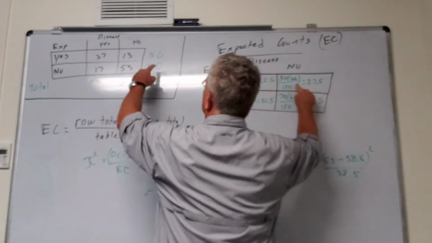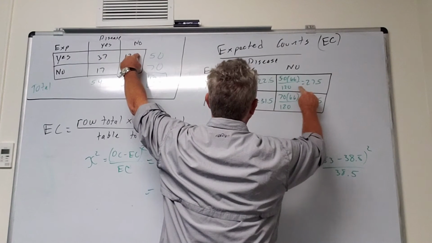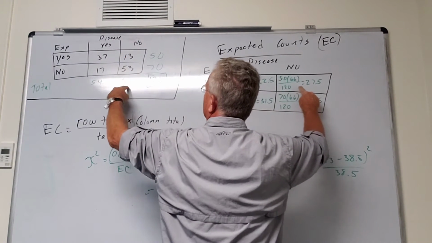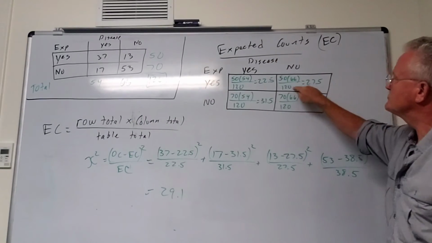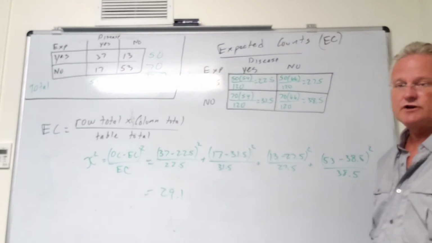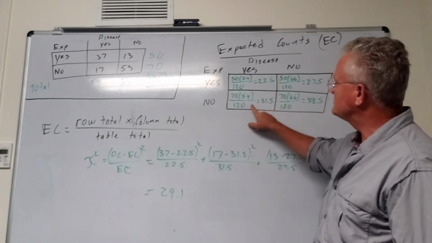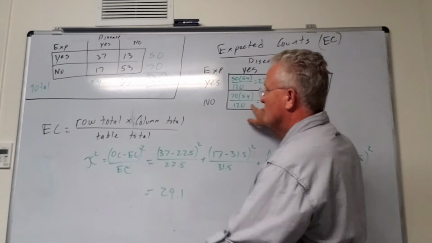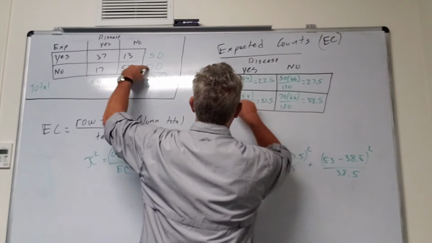Here, the row total is 50. This cell corresponds to this one. The column total is 66. The table total is 120. Get out your calculator, you get 27.5. And then similarly for here, I'll just do this one. The row total for this cell is 70.